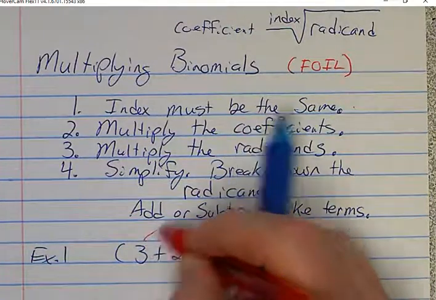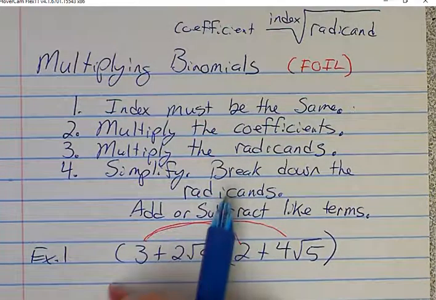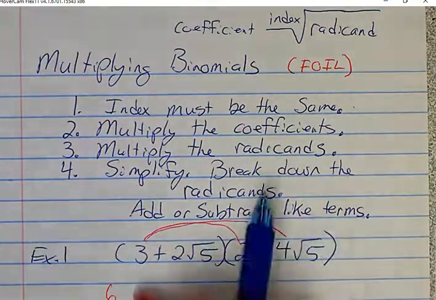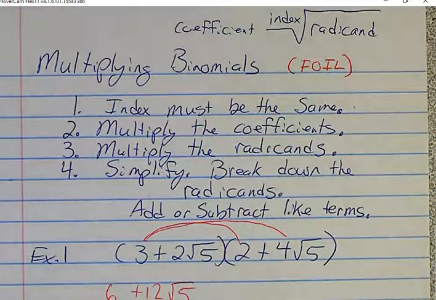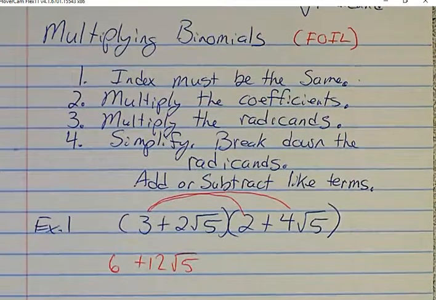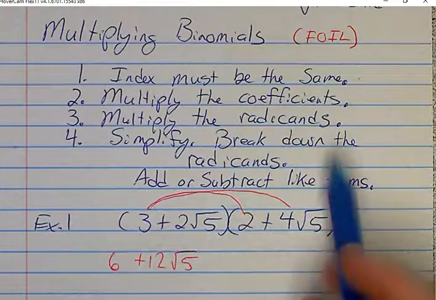So we're going to do 3 times 2, and then 3 times 4 square root of 5. So 3 times 2 is 6. 3 times 4 is 12 square root of 5.